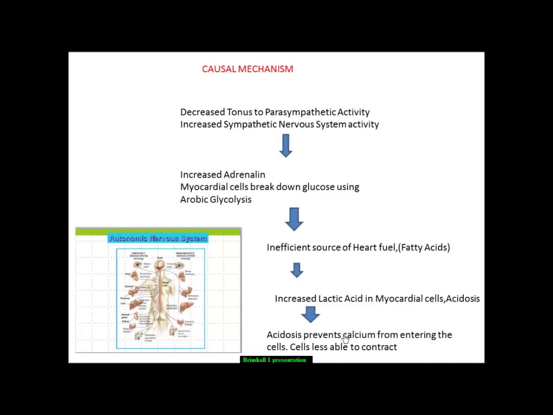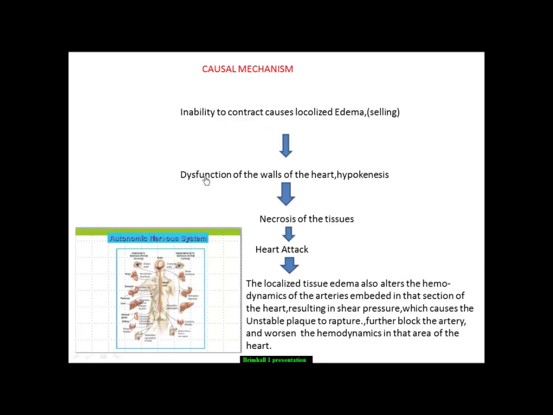Acidosis prevents calcium from entering the cells, and the cells have less ability to contract. An inability to contract localizes edema. Dysfunction of the walls of the heart, we get hypokinesis, necrosis of the tissue, we get a heart attack.